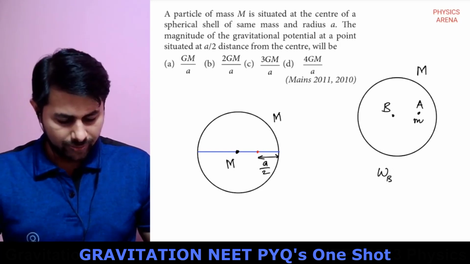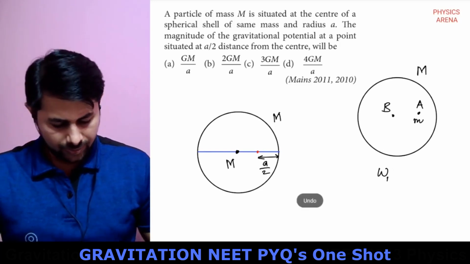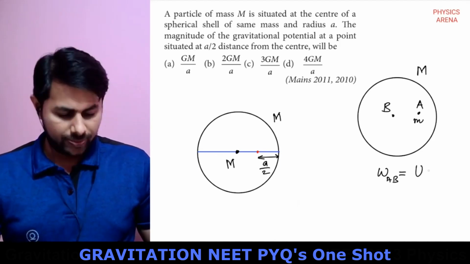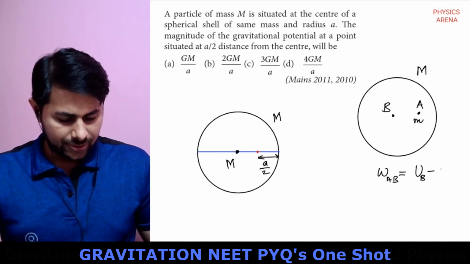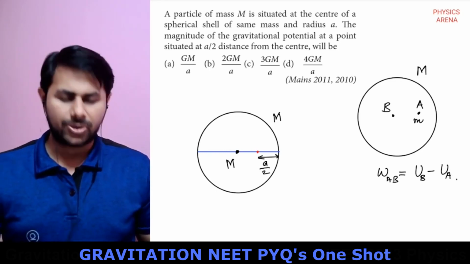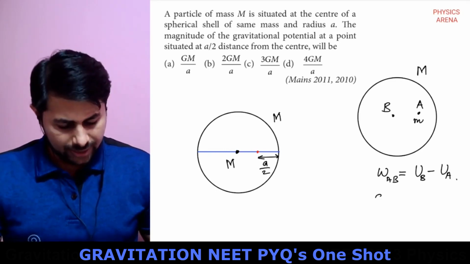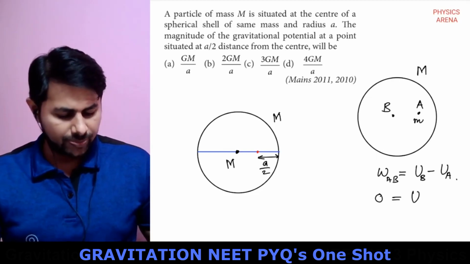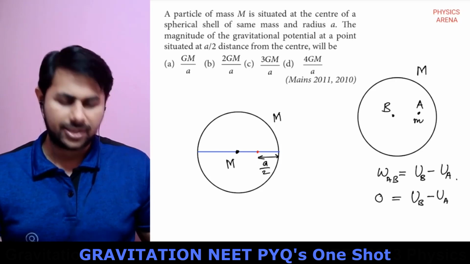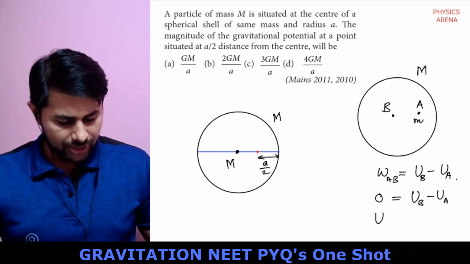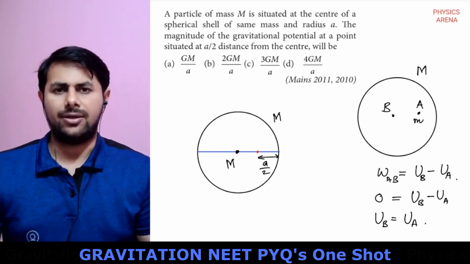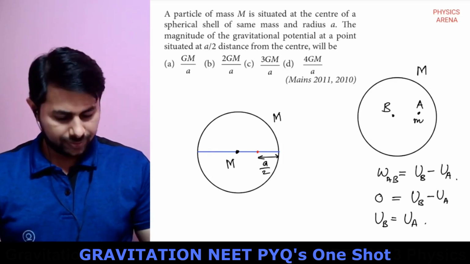Work done from A to B is the change in potential energy, final minus initial. Since work done is 0, potential energy at B minus potential energy at A is 0, so potential energy at B equals potential energy at A.